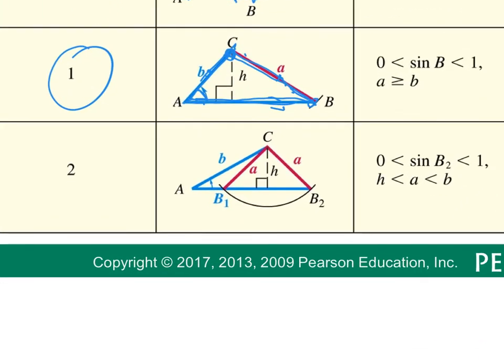Now, the last case is the height of the triangle is less than A, and it's also less than B, the height of the triangle. This angle is still locked in place, so these two legs are still here. But what happens is there's actually two triangles that can be made, because this leg could go down here, or this leg could go down here, and you have a longer side.